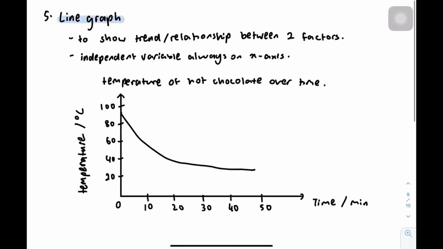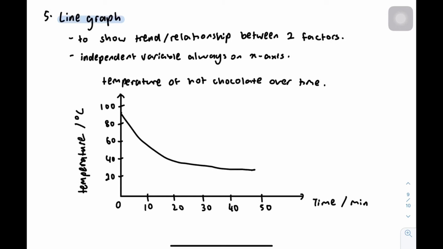Moving on to the final component, we have line graphs. And line graphs are used to show a trend or a relationship between two factors. Science students will probably know what I'm talking about. And the independent variable is always on the x-axis.